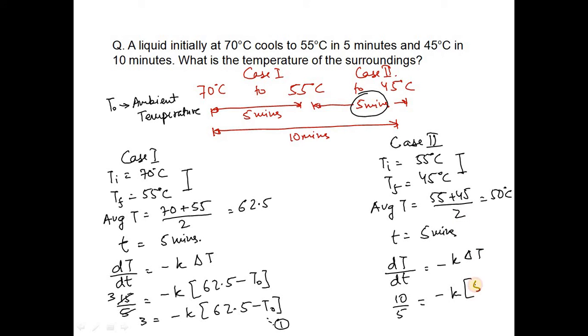Surrounding we don't know. 50 is the average temperature, surrounding is at T0. So it is 2 equals minus k times (50 minus T0). This will be my equation 2.